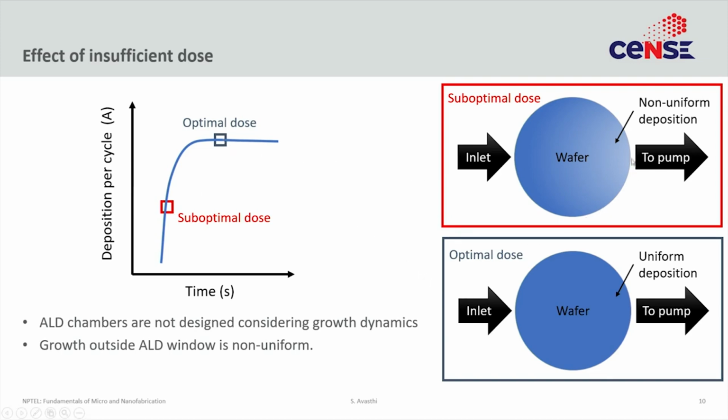In the red square, you will often see a non-uniform deposition. So if you keep a wafer such that the inlet is on the left, the pump is on the right, then this portion tends to start showing lesser deposition than the front of the wafer. While if you do this in the optimal case, then there is no non-uniformity. You would get a conformal, smooth, ALD-like film that you expect, right?